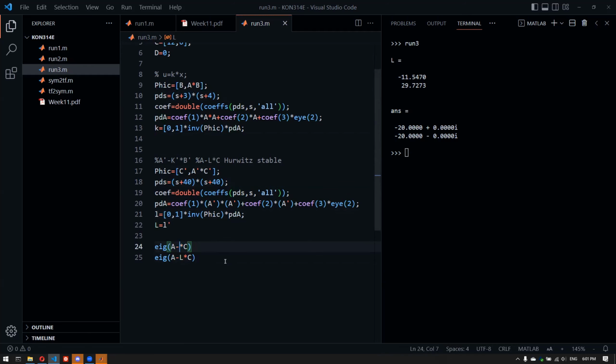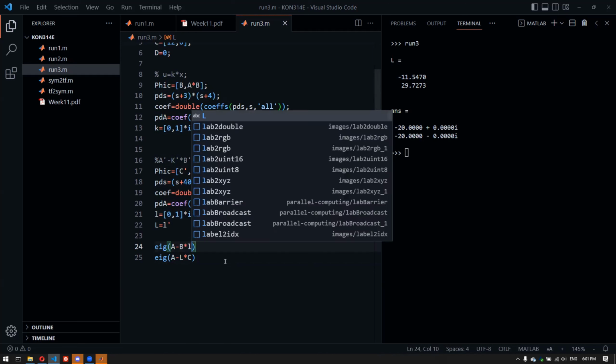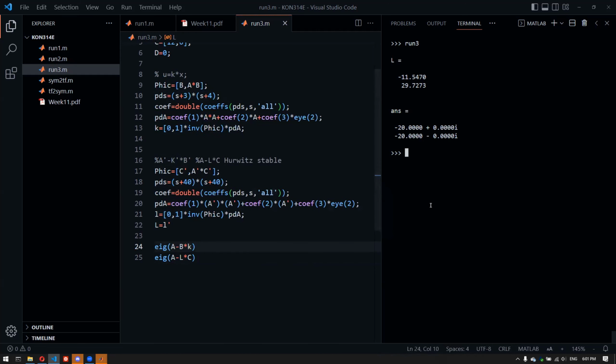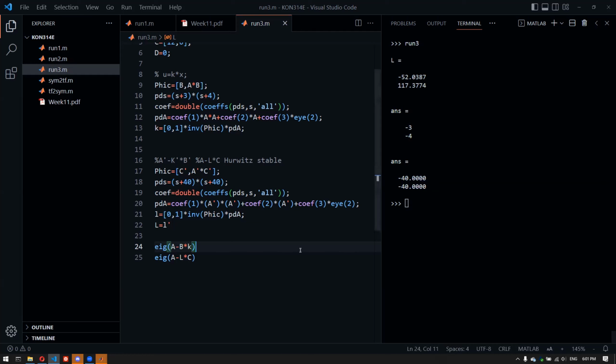So we can look at A minus B times K and A minus LC here. And for example, the poles of the controller are at -3, -4, whereas we have assigned the observer poles at -40, -40.